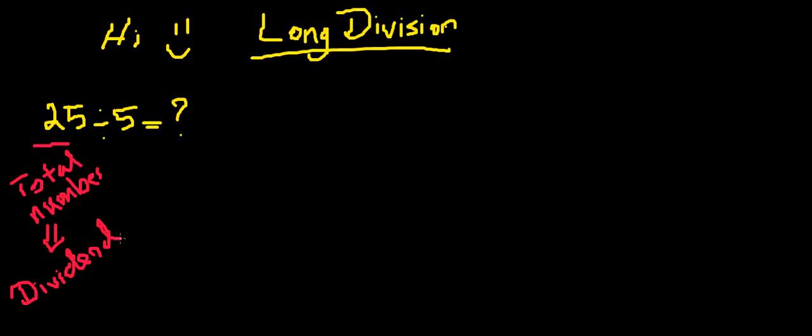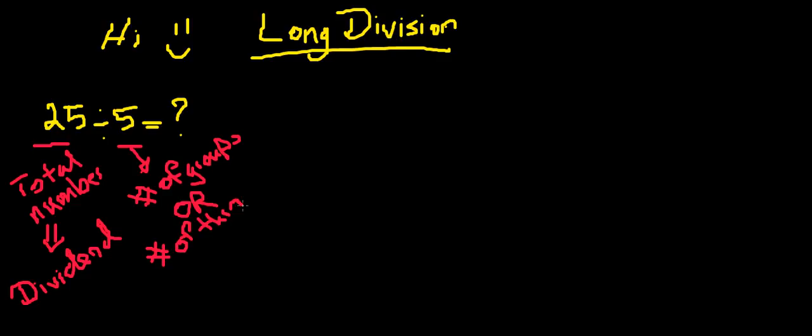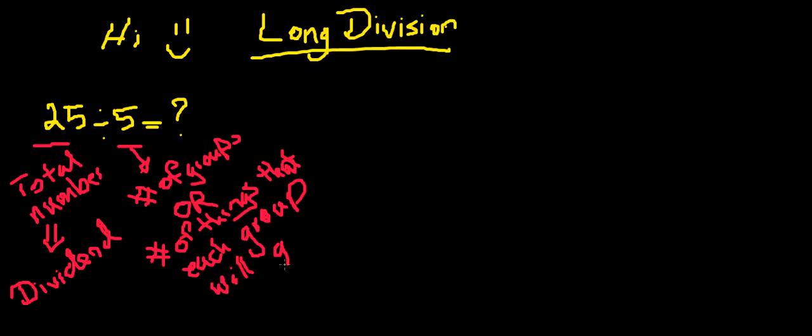The other number, right beside it after the division sign, is the number of groups, or the number of things that each group will get.